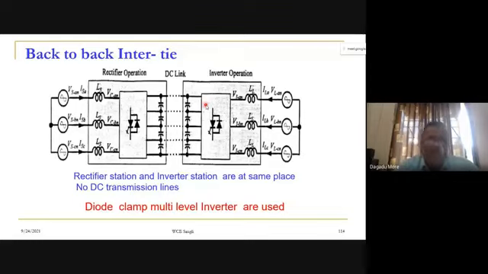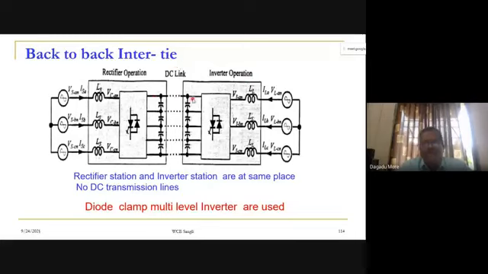And the benefit is that our currents are sinusoidal. We can operate at any power factor. So there is no problem of harmonics. We don't require the filter. And here we can call it a back-to-back intertie.